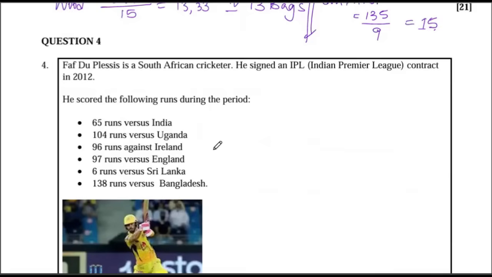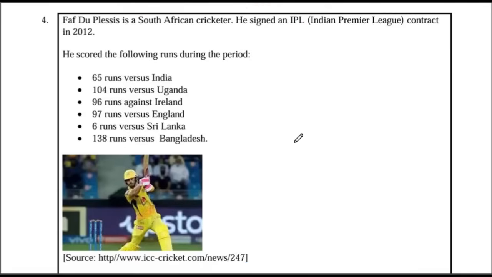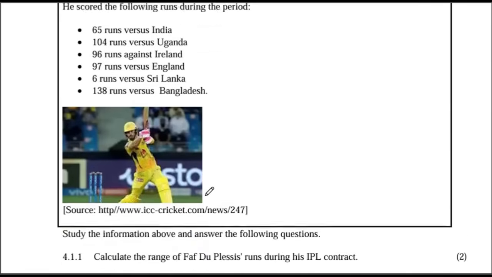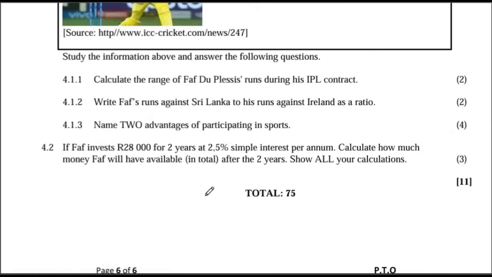Question number 4. Someone is a South African cricketer. He signed an IPL, the Indian Premier League contract in 2012. These are the runs and everything. Let's go to the correct question. Calculate the range of runs. Remember, this is the second time you're seeing the word range, which is the highest value minus the lowest value.